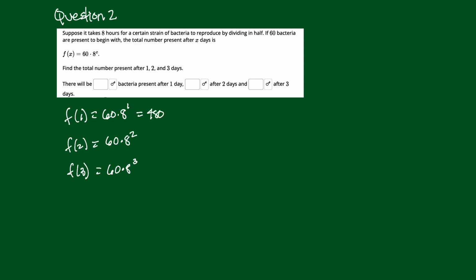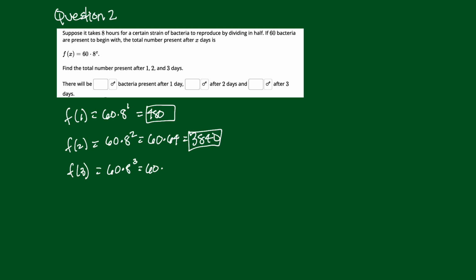Now this one here is 60 times 64. Might need a calculator for that one. But when I did it, I got 3840. Okay, 480 after 1 day, 3840 after 2 days, and this one here is 60 times 8 cubed.